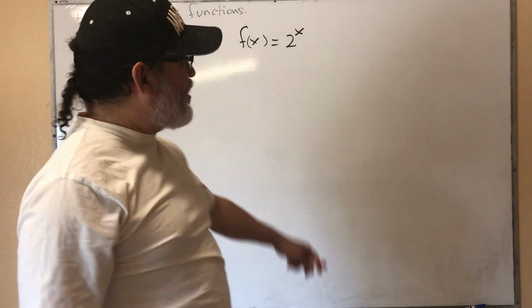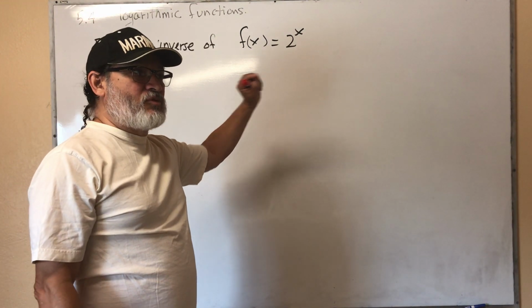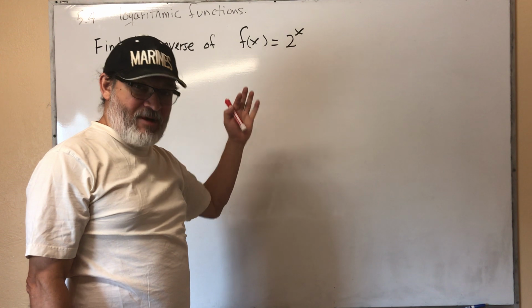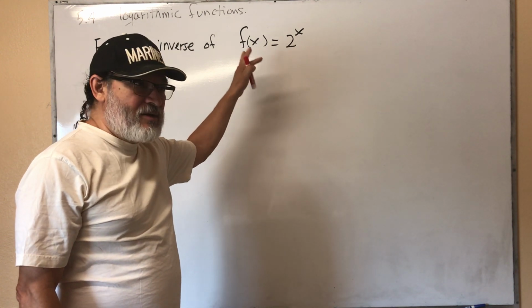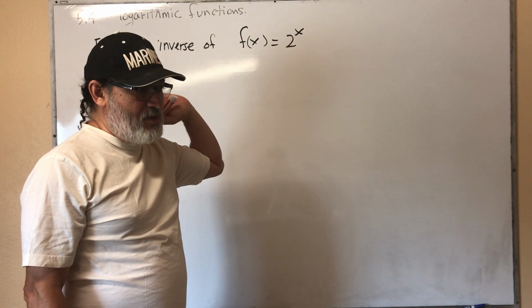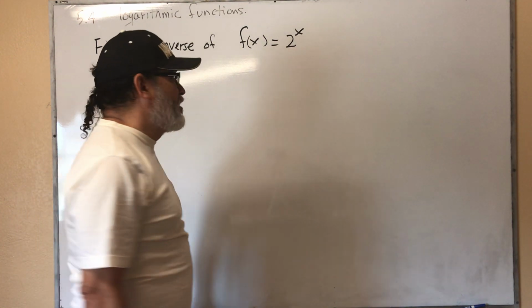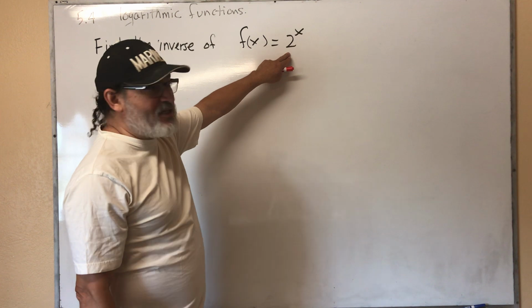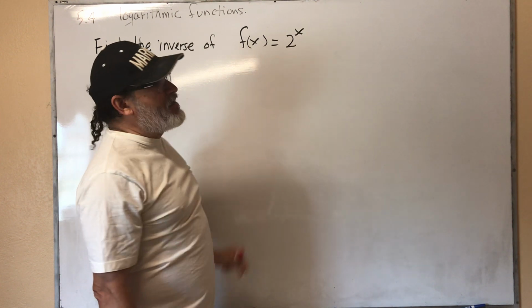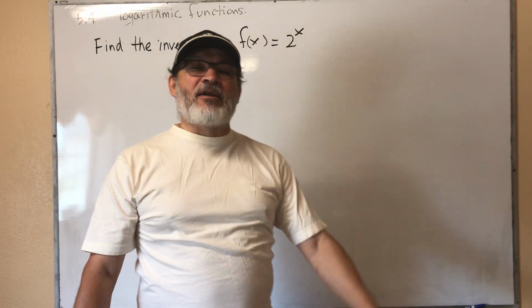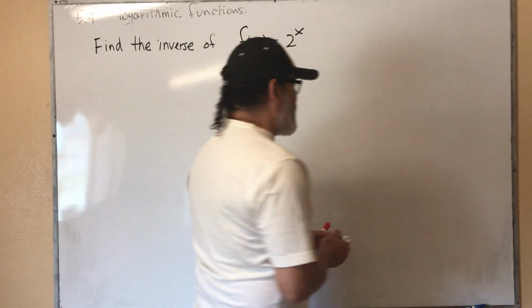Okay, we can graph this. We graphed it last time. If you remember, we graph this function. I'm gonna graph it for you guys again. Because the base is greater than 1, this function is increasing. Let me graph for you guys.